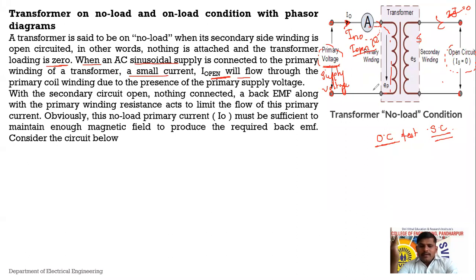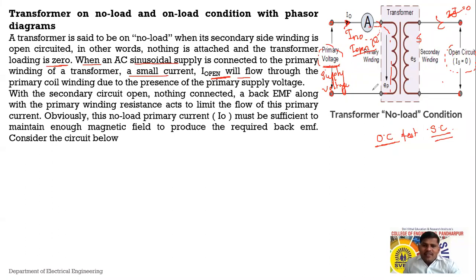If current flows through any winding or coil, what is the first effect? Not EMF directly, but flux will be produced. That means a magnetic field will be created. Due to that magnetic field, EMF will be induced in that primary winding.